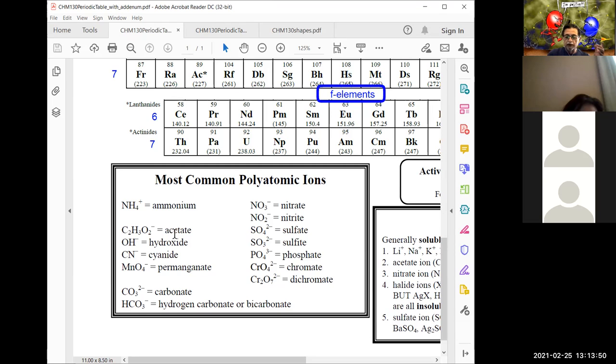For example, you have nitrogen, let me highlight it, with 4 hydrogens bonded around it, and it has a positive charge. That polyatomic ion is a cation because it has a positive charge. You see the positive charge on the upper right.